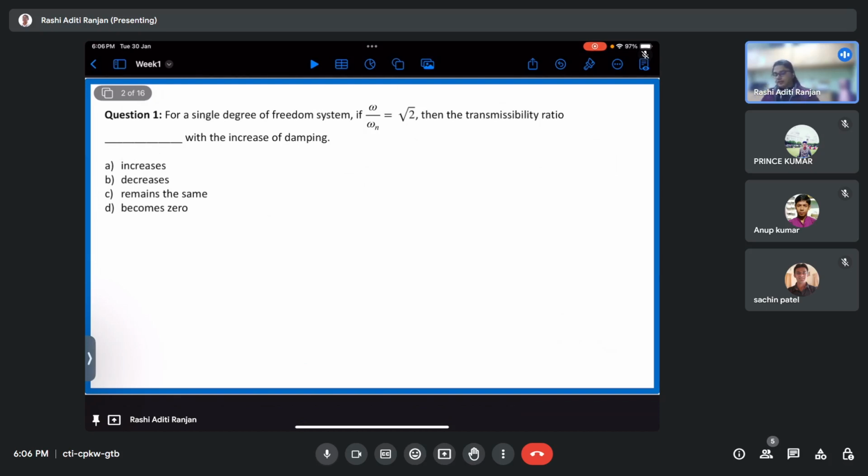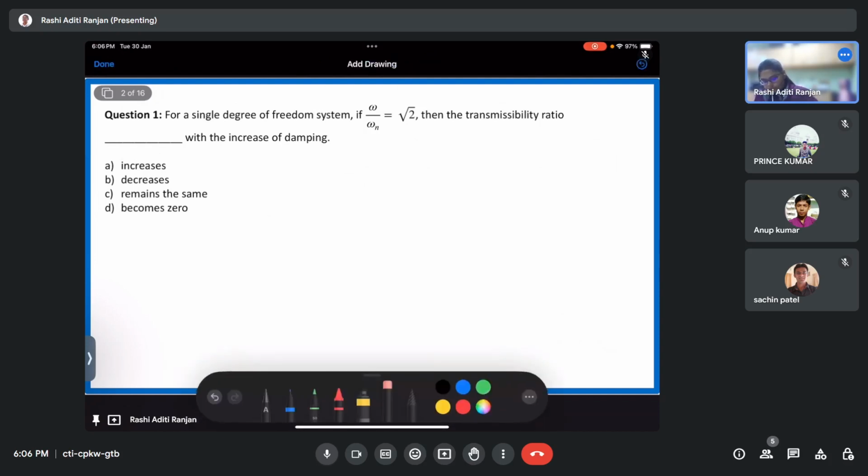So for example, let us assume that this is a mass m and it is connected through a spring and damper on a surface.